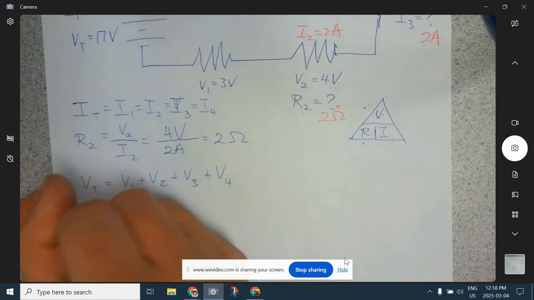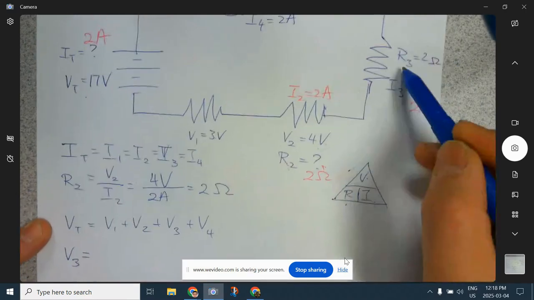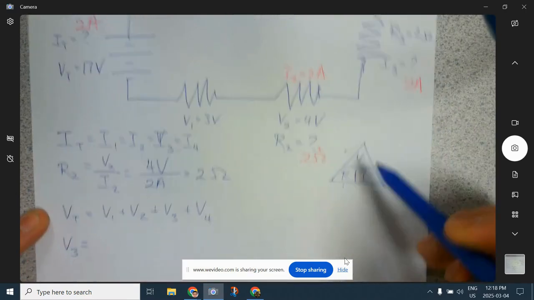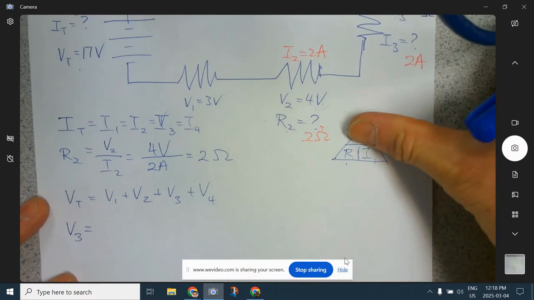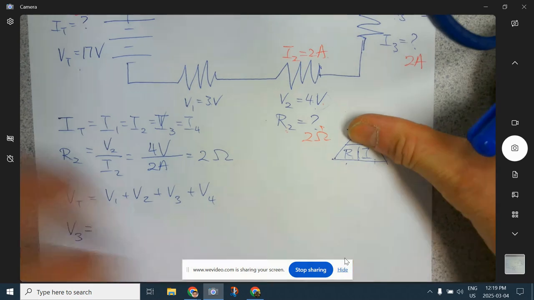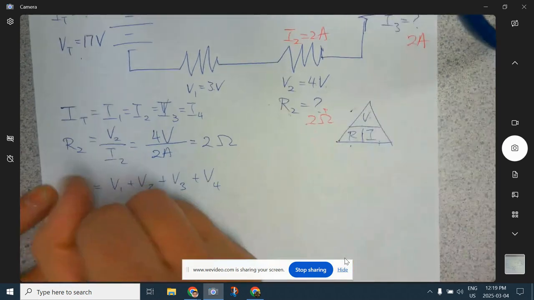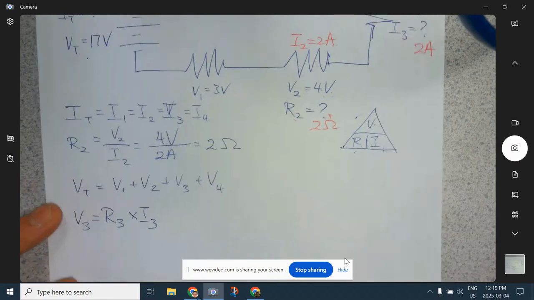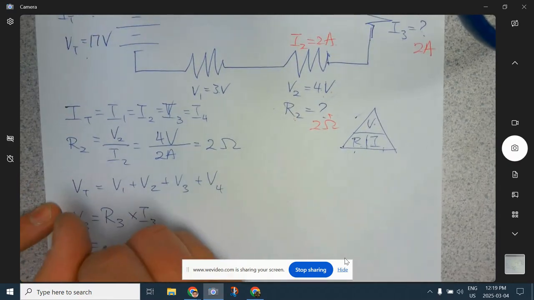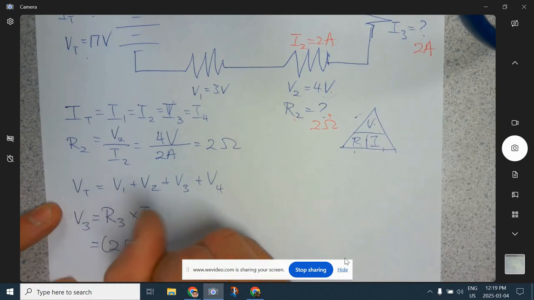So V3, now we have resistance and we have current. We're looking for V, so we cover up the V. R is right next to I, so we're multiplying it. So R3 times I3, okay? R3 is 2 ohms. I3 is 2 amps.